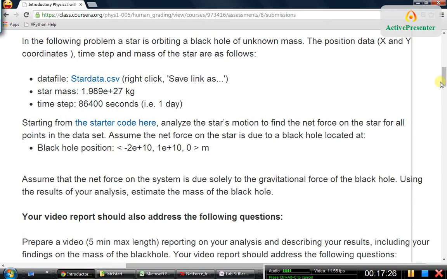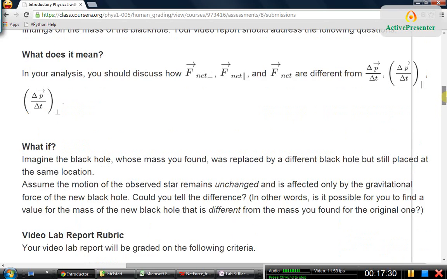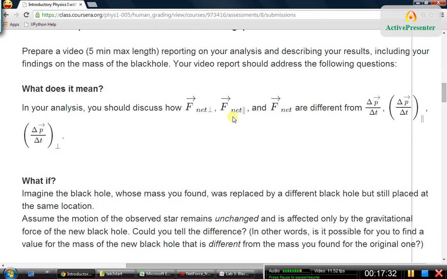Yeah, what does it mean? Question is, how are these three different from these three? Well, these three are the cause of the motion of the star. So there is a net force acting on the star due to the black hole, due to the gravitational force exerted by the black hole. That is what causes it to move and have a change in its momentum.